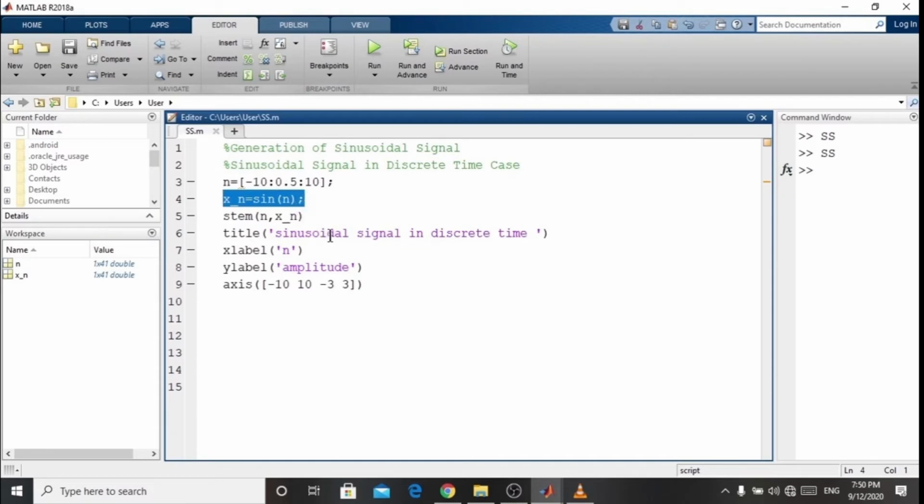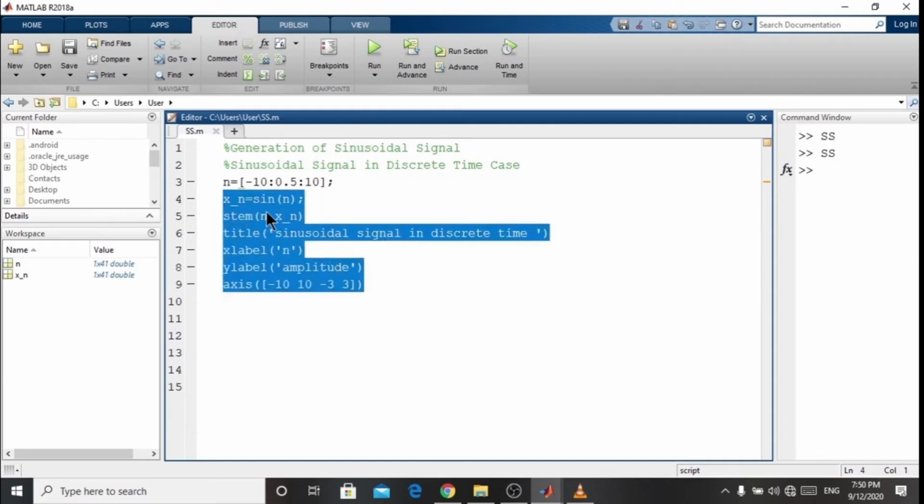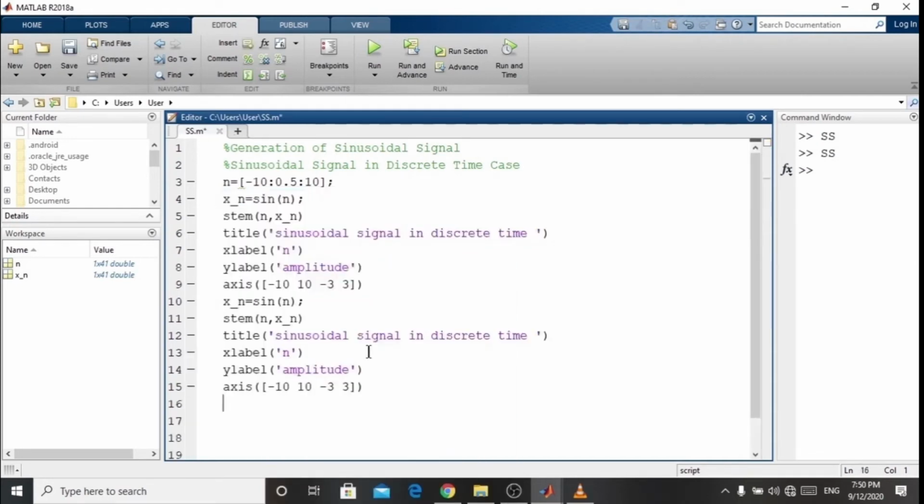Let's produce 4 different sinusoidal signals and observe how amplitude, phase angle, and angular frequency will affect the signal. For that, I am going to copy paste this program 4 times.